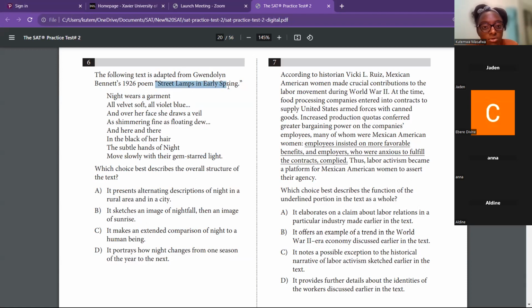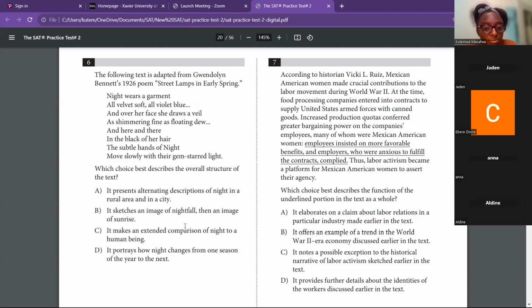In the title. So always remember that the College Board gives you everything that you need to find the answer to the question, and you won't have to look outside. You won't have to use your outside knowledge or experience of poetry. Everything you need is given to you in the passage. So look into the passage, and if something is not explicitly said, then it's wrong, because all that you know is the passage, and that's everything that you have.